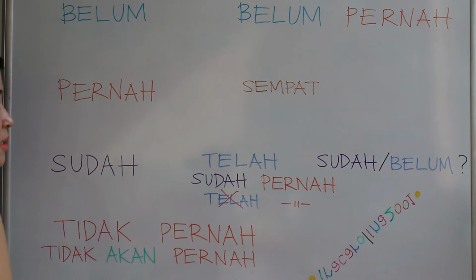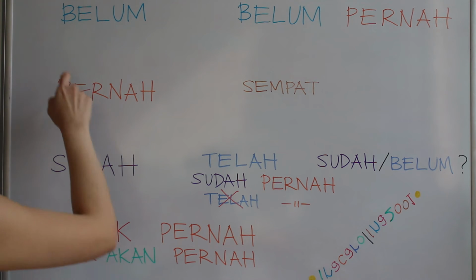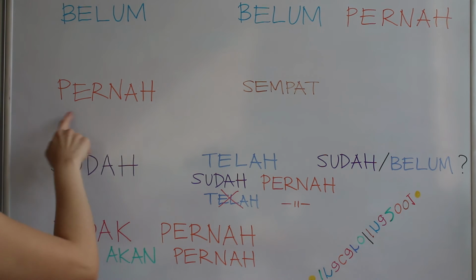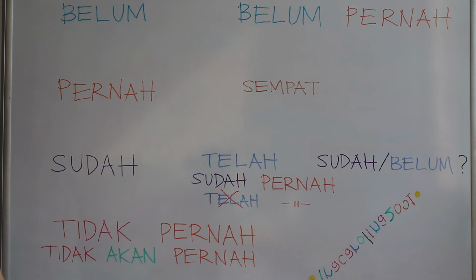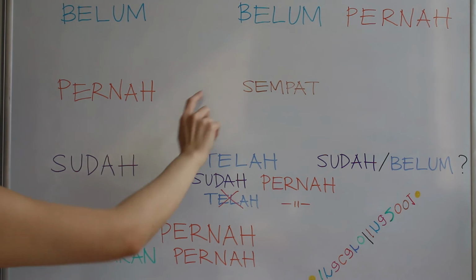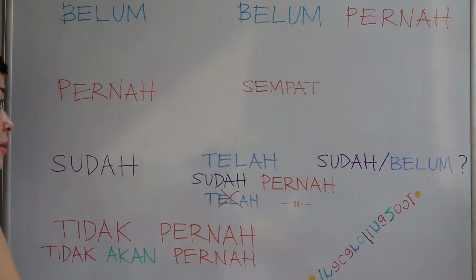Belum is not yet. Pernah is ever, have ever. Sometimes we also say it with sempat.